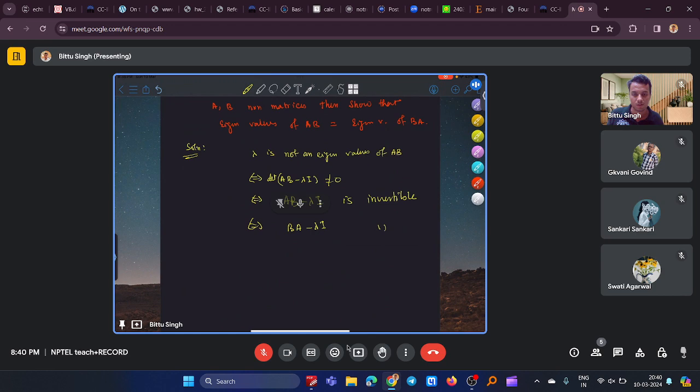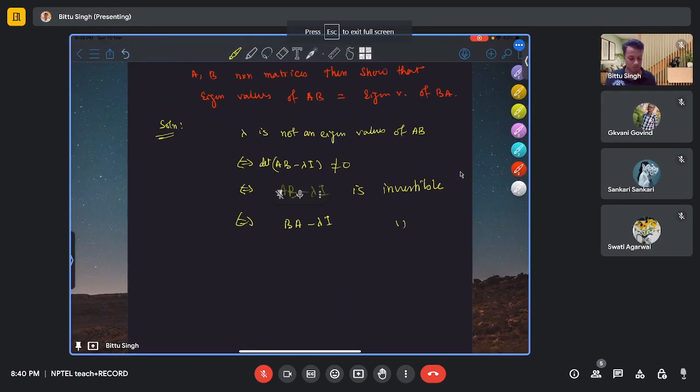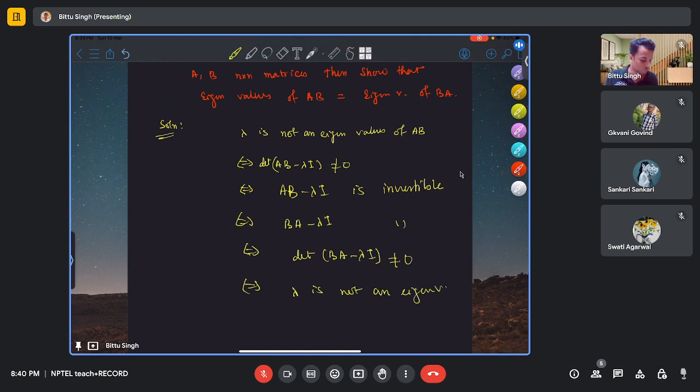By the previous fact we have just proved, this will imply determinant of BA minus lambda I is non-zero. This holds if and only if lambda is not an eigenvalue of BA.